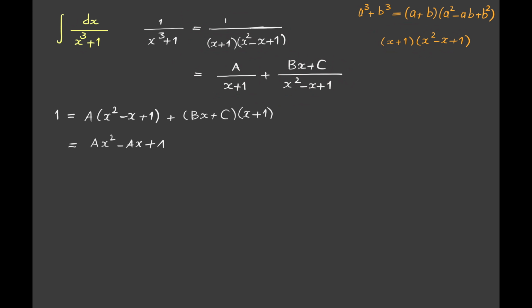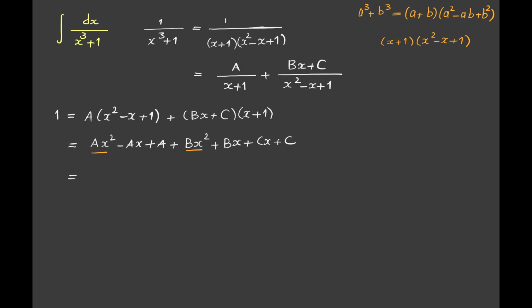I multiply these two polynomials. Bx times x is bx squared, bx times 1 is bx, c times x is cx, and finally I have c. Then I write it in a standard form. So standard form means that I have to have x squared in one place. Yes, this is the highest degree that I have. So I have only these two terms involved.